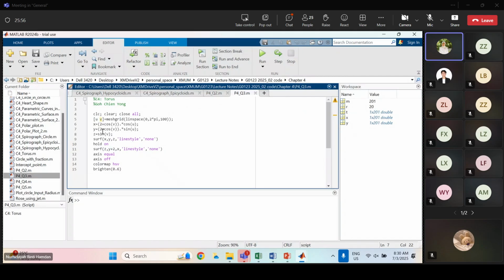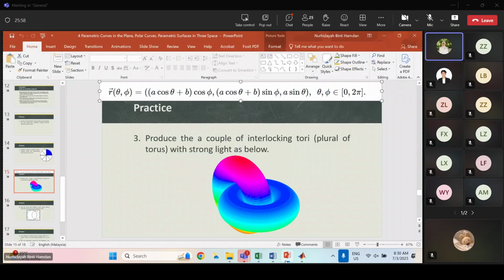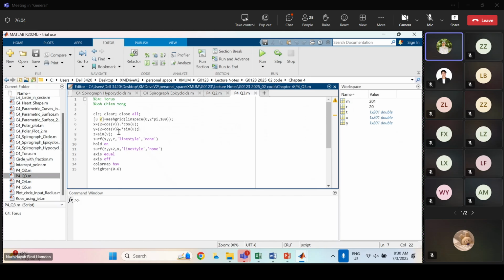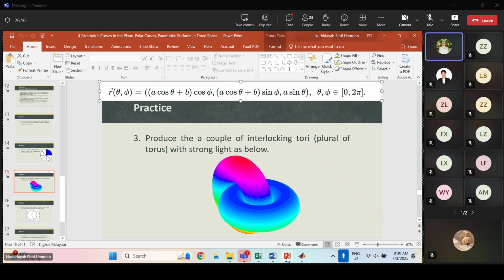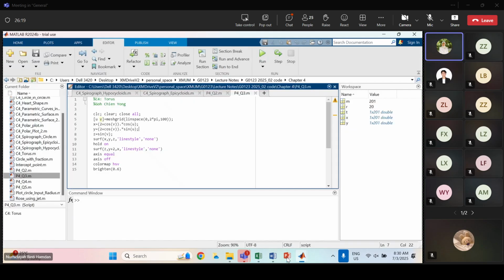Then y is 2 plus cosine v times sine u, and z is sine v. Then I do surf. If you look at this, there's no outer line on the interlocking tori, the interlocking ring. So I disable the line, hold on, then I put another one.